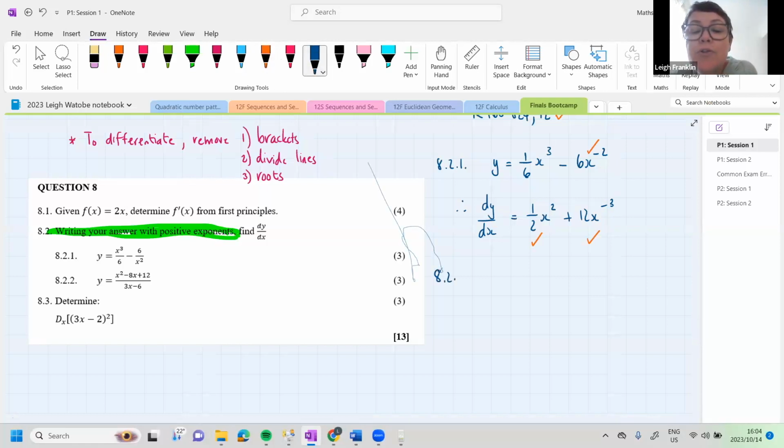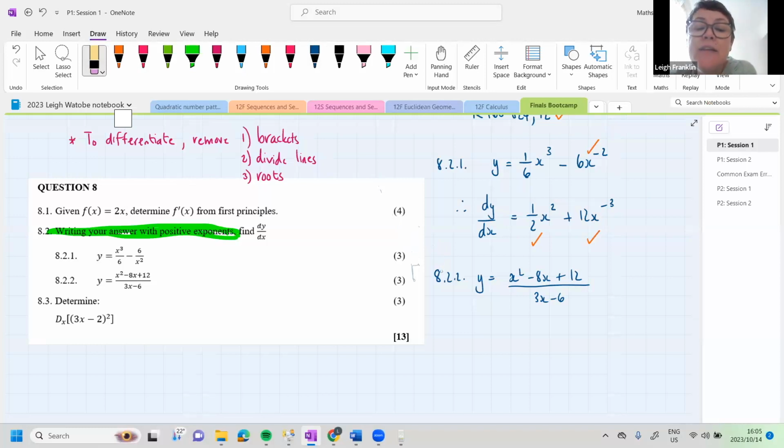So this is 8.2.2. And here they give us y equals x squared minus 8x plus 12 all over 3x minus 6. No, you don't, Chelsea. No, you don't. Even though it says it here, it shouldn't.